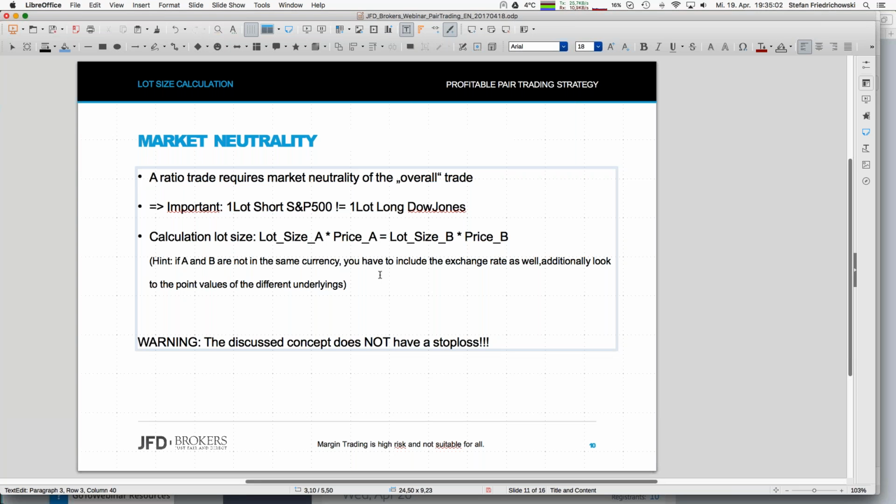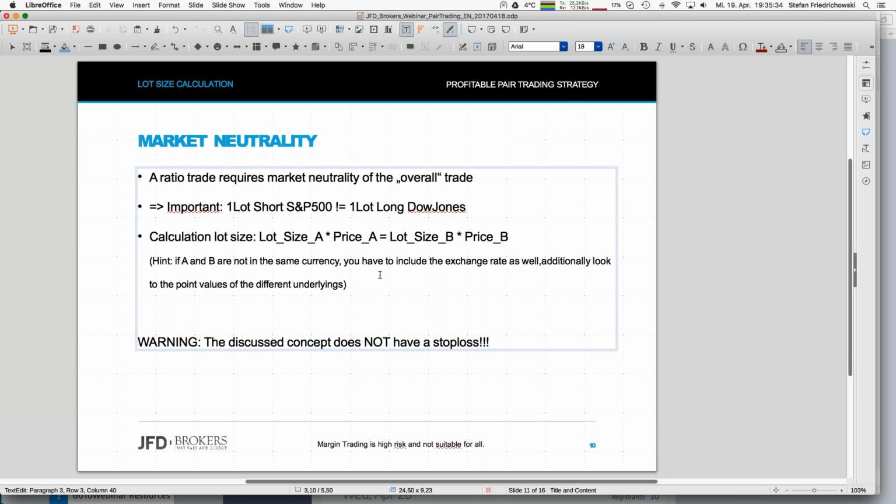One final remark for that kind of strategy: because we have two trades and those two trades act simultaneously, we don't have a real stop loss. At least not in the sense that if a trade is 100 euro in the minus or hits a certain value, then the stop loss is activated.